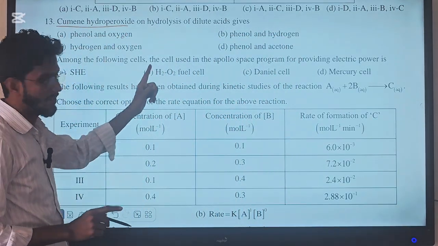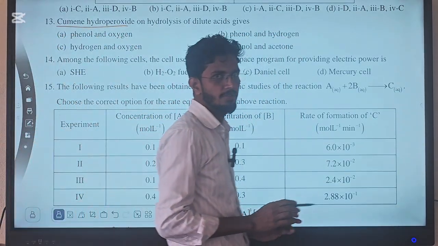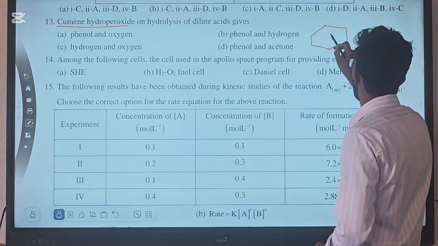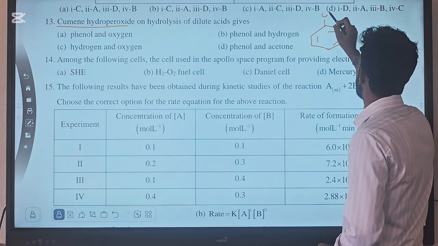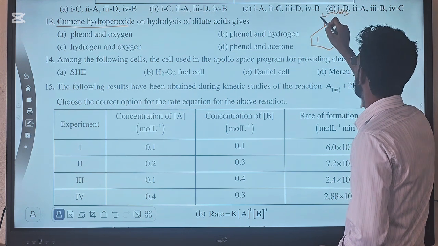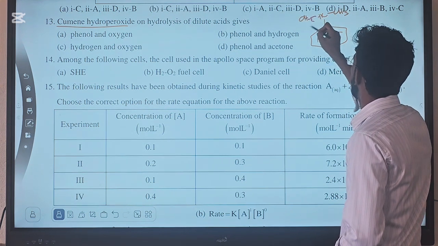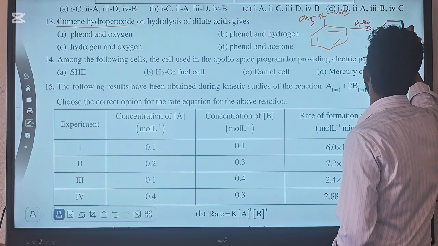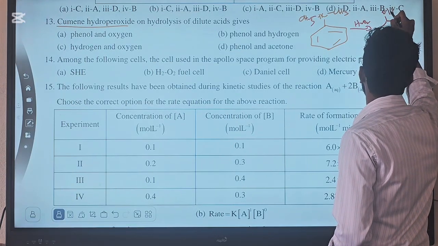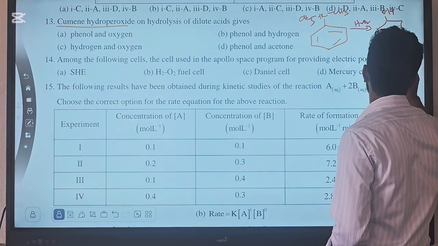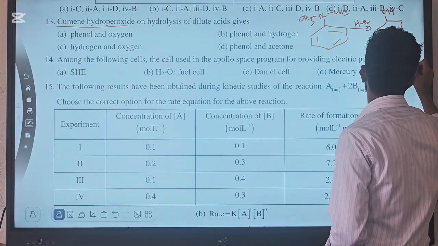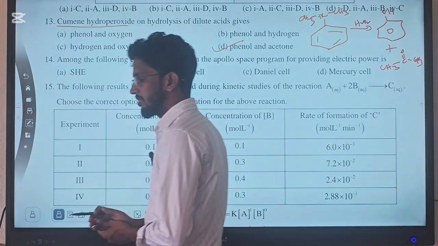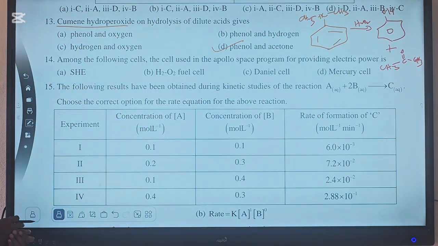In NCERT the industrial method for preparation of phenol from cumene is already given. Cumene is benzene with CH(CH3)2. If you react with oxygen and then hydrolyse, formation of phenol plus acetone will take place. Acetone is CH3, C double bond O, CH3. Answer will be phenol and acetone. Answer will be D.